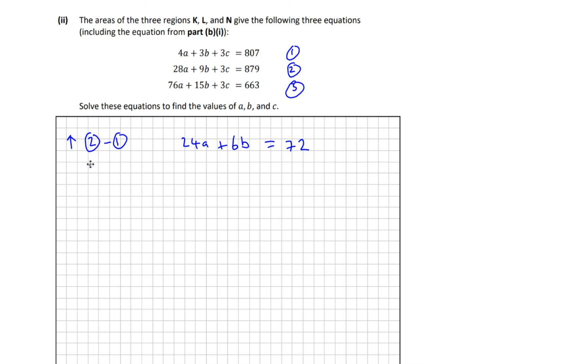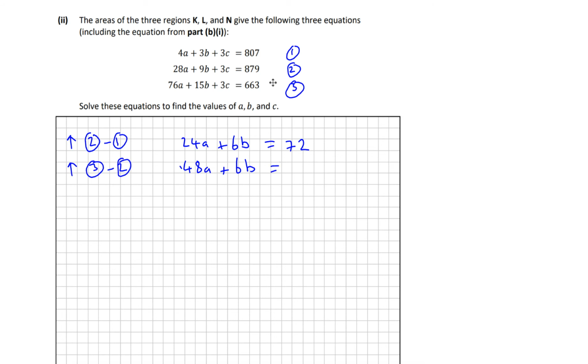Then if I subtract the second equation from the third equation, again subtracting up, so 76a minus 28a, that's 48a. 15b minus 9b is 6b. 3c minus 3c is 0.